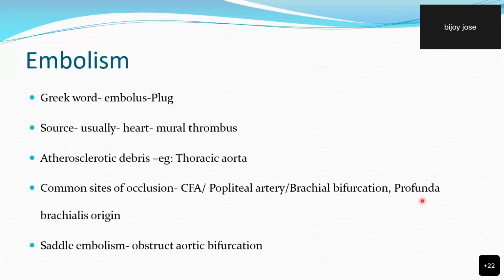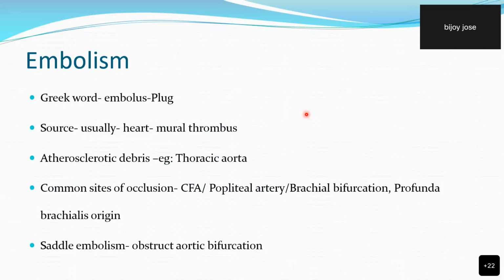Embolism derives from the Greek word embolus, meaning a plug, and usually the source arises from the heart, and it travels to an area, most often an arterial bifurcation, where the embolus gets stuck and produces limb ischemia distal to that area.